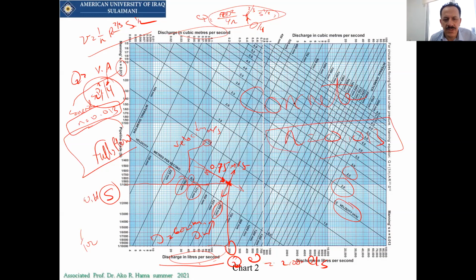For the other materials, we have the same nomograph but with a different n. Okay, is it clear how to use this nomograph, or do you have any question how to use this chart?